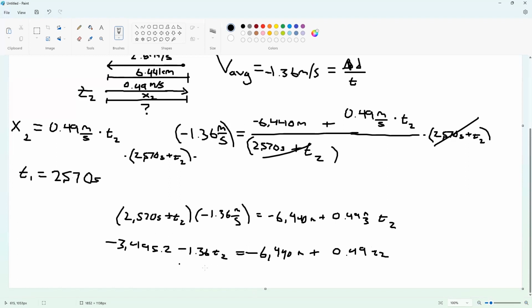Now we just solve for T2. So 934.8 is equal to 1.85 T2. Okay, now given this, what is T2? Go ahead and calculate it.